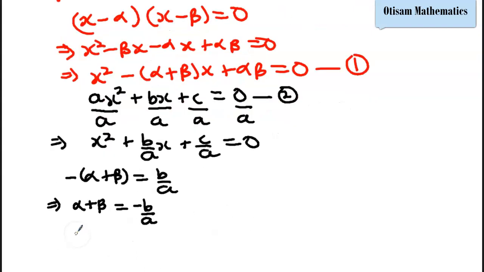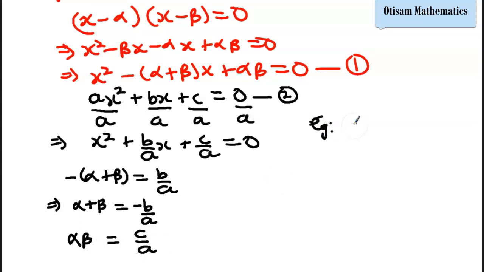And then alpha beta, comparing the constant term, is c on a. So in summary, when you are given a quadratic equation, the sum of root, which is alpha plus beta, is equal to minus b on a. And then the product of root, which is alpha beta, is equal to c on a.